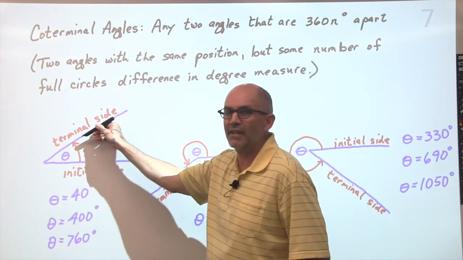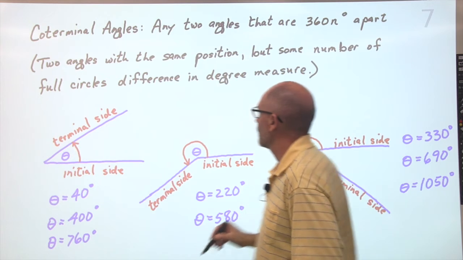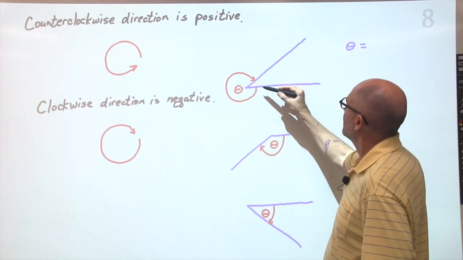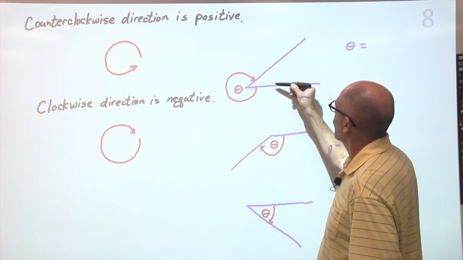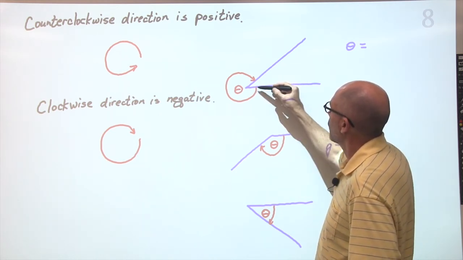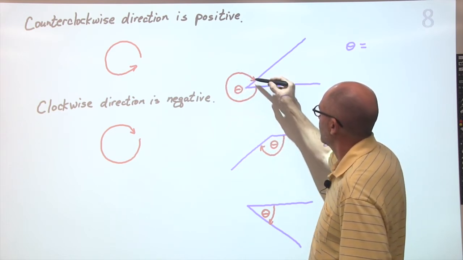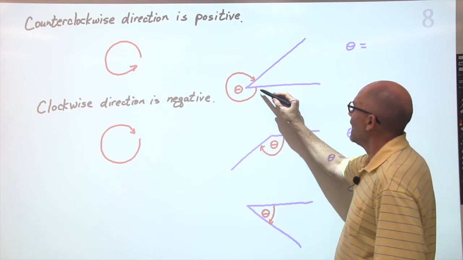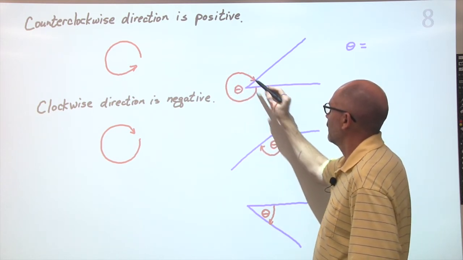That's a positive angle. But this time, instead of measuring counterclockwise, we're going to measure clockwise. So what does this mean? Well, this means I'm going negative degrees this way.